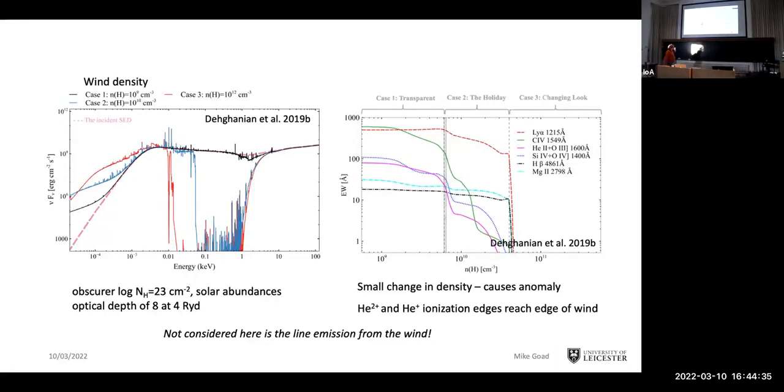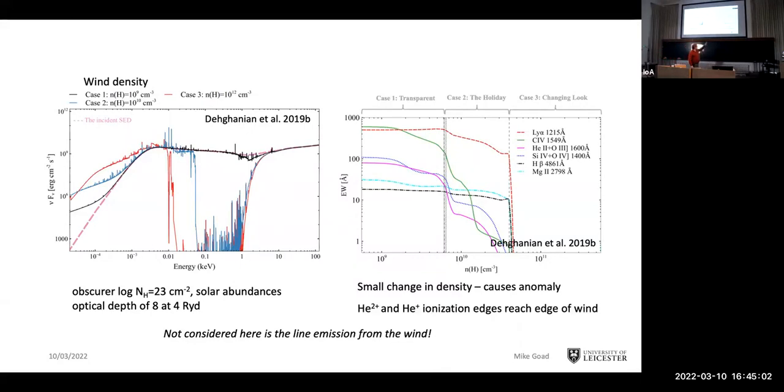Okay, why should it? If we don't change anything else. And then if you keep on increasing the density, at some point, so on the left here, the first one, there's basically no ionization edges, no hydrogen ionization edge, no helium, because it's completely ionized, so transparent. At this point, we have helium plus and helium 2 plus ionization edges, and the equivalent width drops.